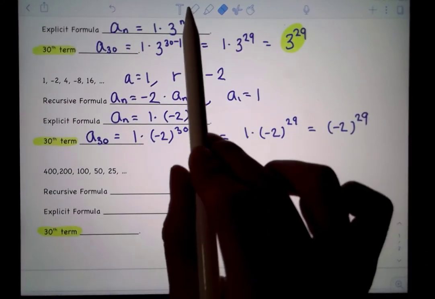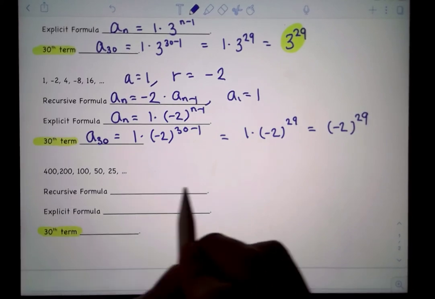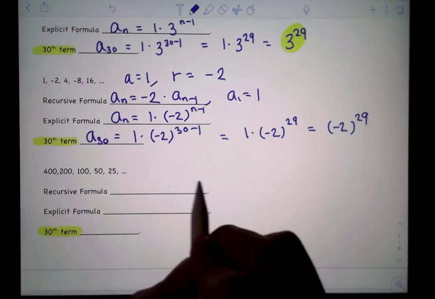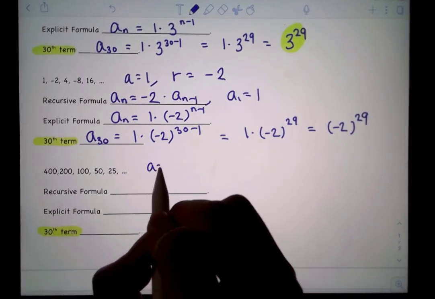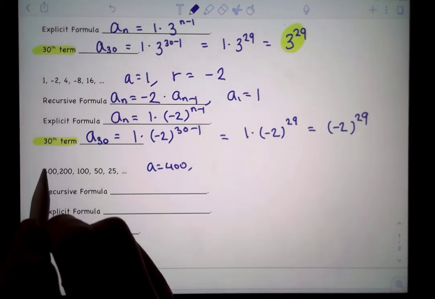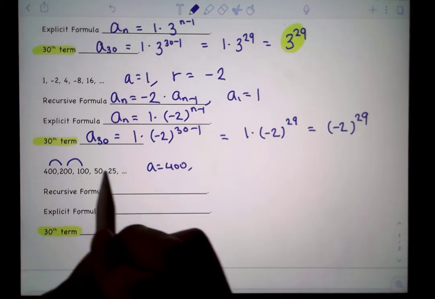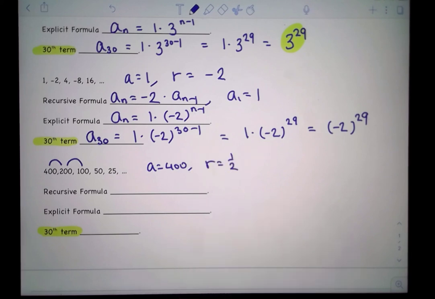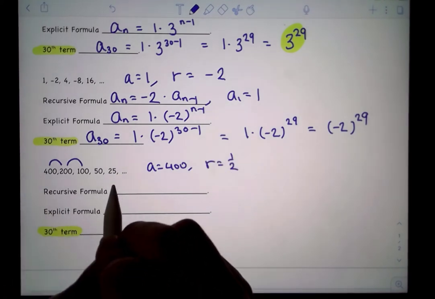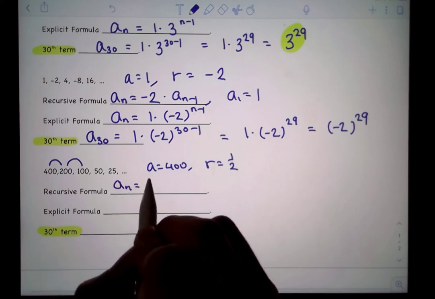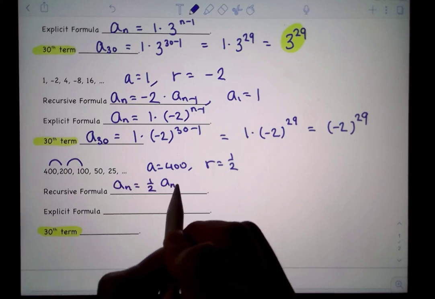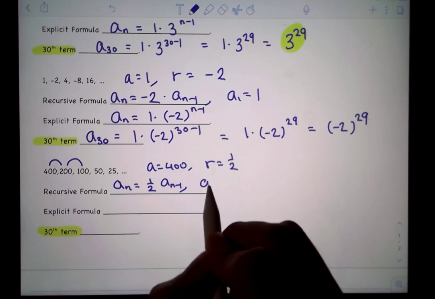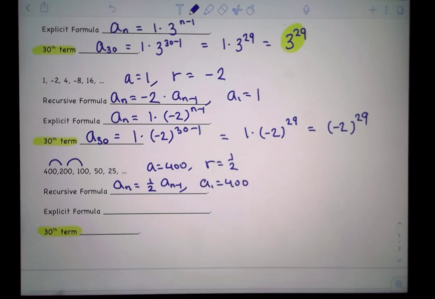And the last one, I have like 1 minute left. So my A is 400. And when you look at this, do you see it? It's getting halved. So my R is half, right? And then the recursive formula, a n equals 1 over 2 a n minus 1. And you write your initial term, which is 400, okay?